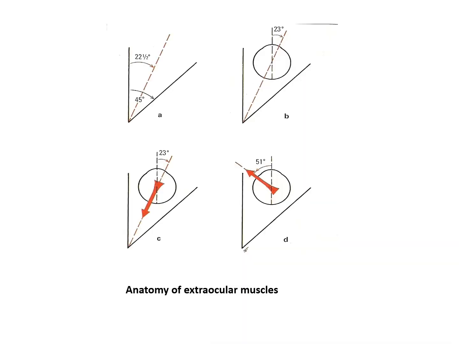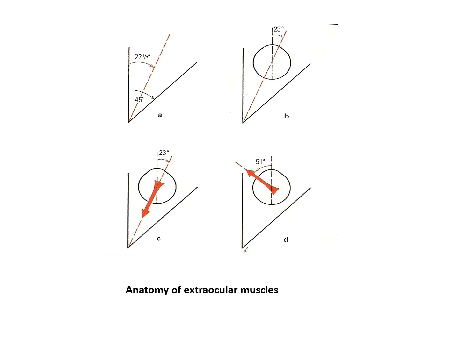So in this slide, you can appreciate that the medial wall forms an angle of 45 degrees with the lateral wall. As the eyeball is suspended in the orbit, placed anterior posteriorly, these muscles arising from the optic canal pass forward midway between the medial and lateral wall.